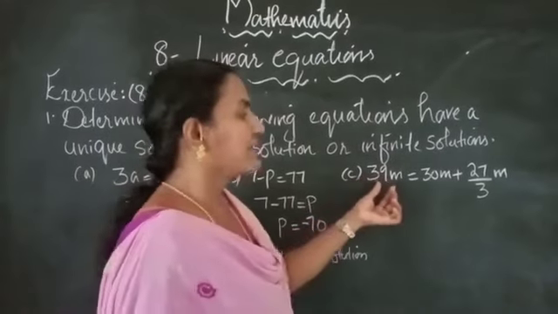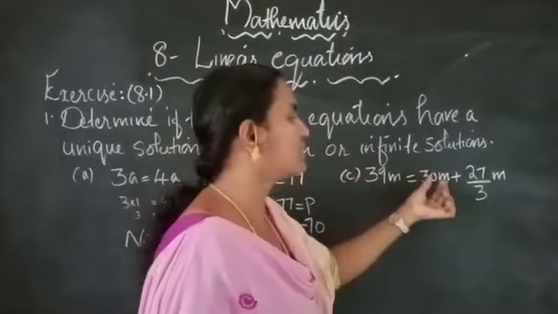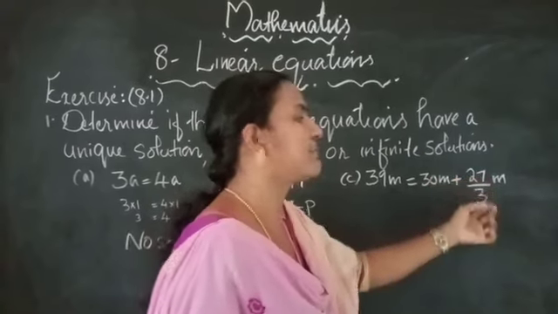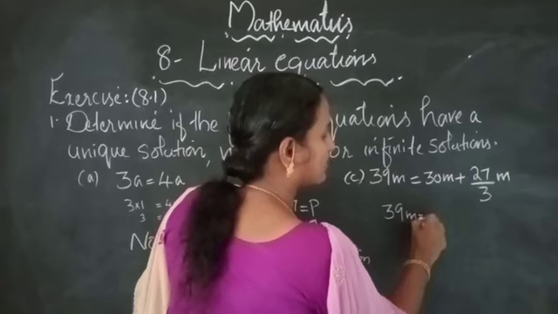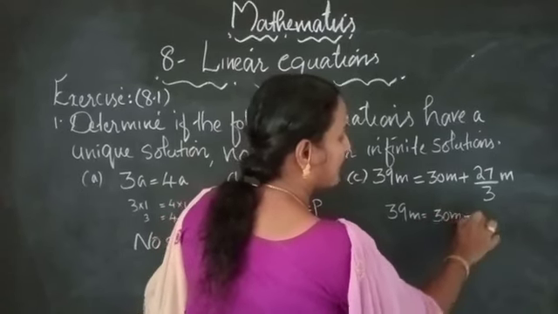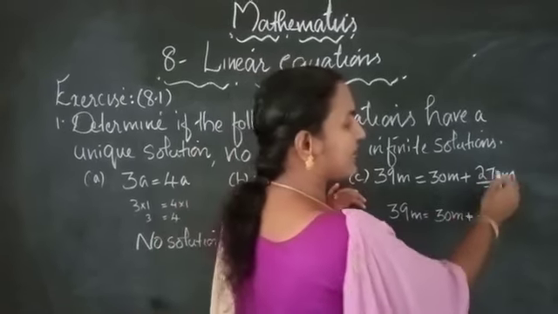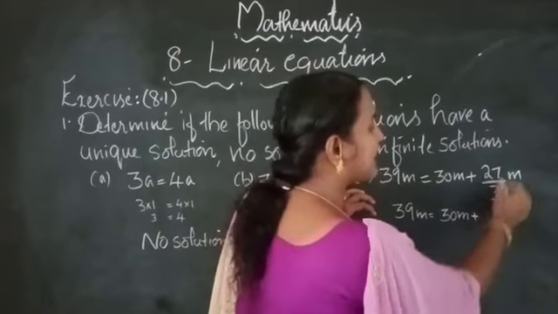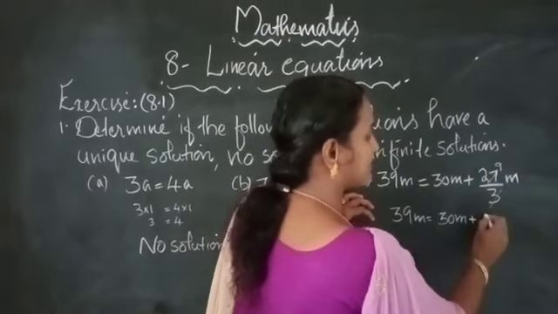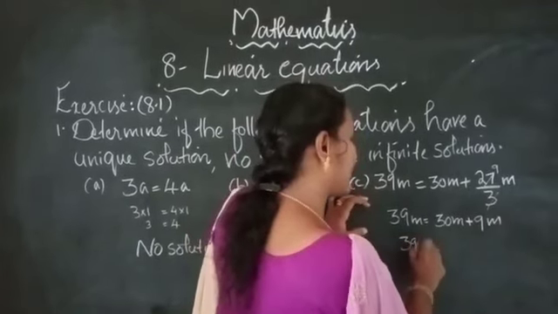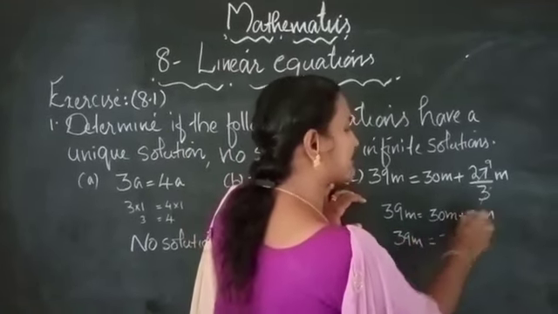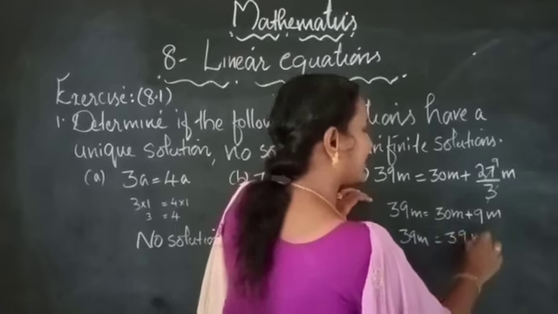Option C, 39m is equal to 30m plus 27m by 3. So 39m is equal to 30m plus, you can cancel 3 and 27. 9 3s are 27. So 30m plus 9m. So 39m is equal to 39m.